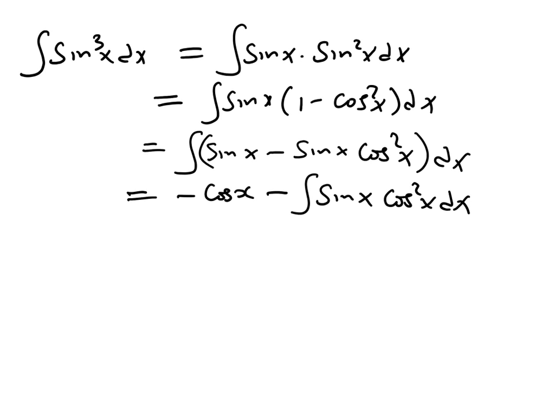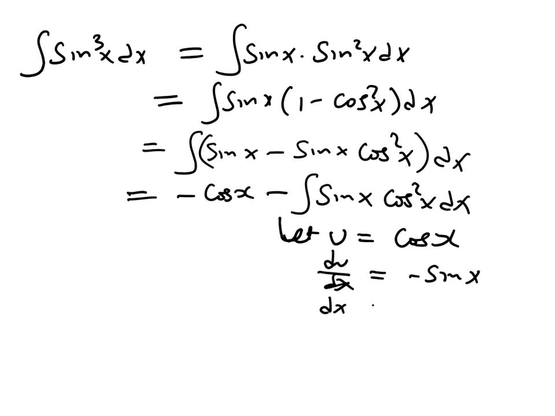So here we use what we call a function and its derivative that we discussed. Let u equal cosine of x, such that du by dx is negative sine of x. So dx is du over negative sine of x.